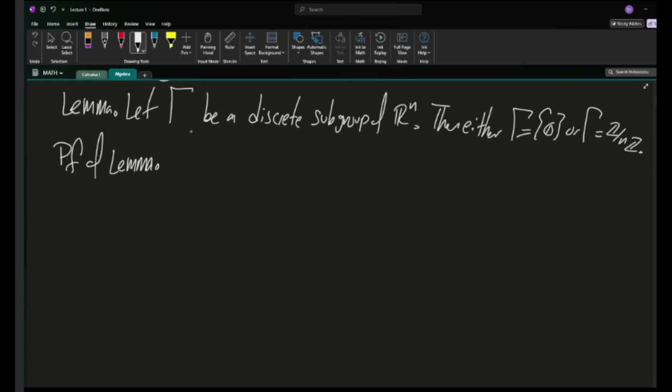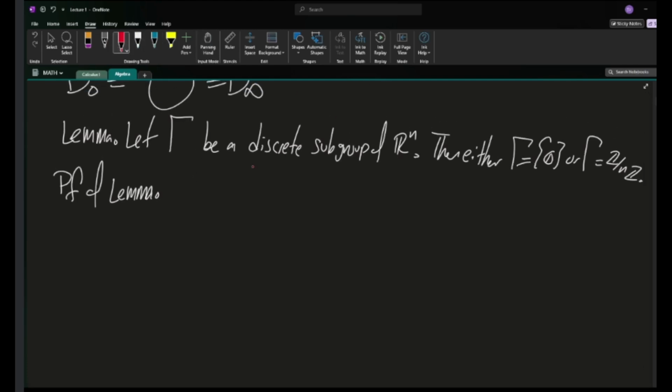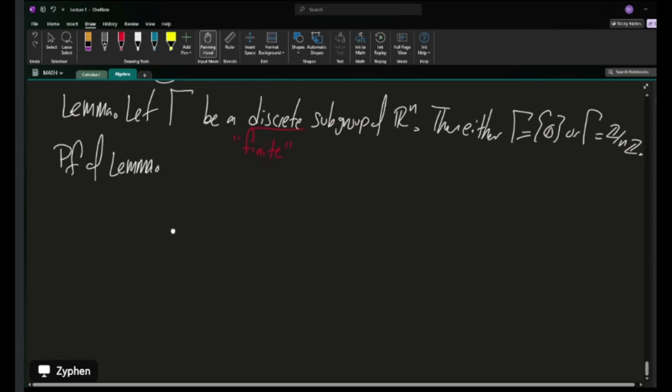Discrete subgroup, wait, what? What's a discrete subgroup? Discrete literally just means finite. You don't think so?